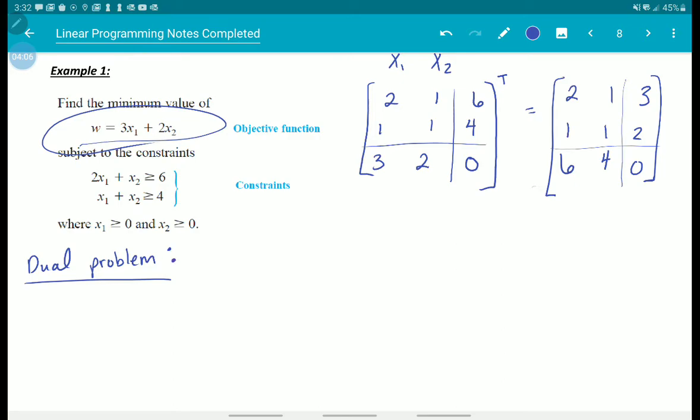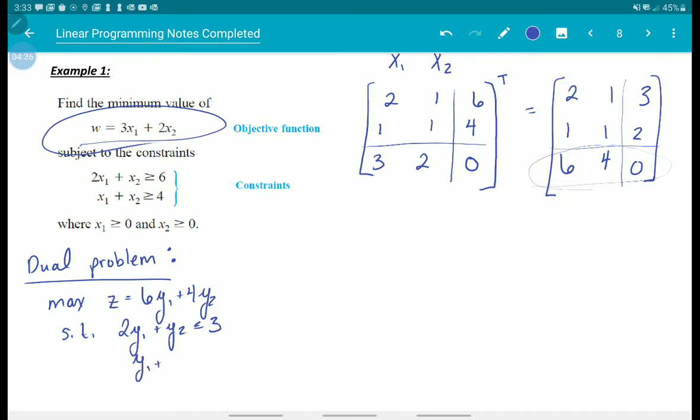Remember, in the dual problem, this guy is going to be the objective. We are going to maximize z equals 6x1 plus 4x2. Actually, I'm going to call them y's. Subject to the constraints 2y1 plus y2 is less than or equal to 3.